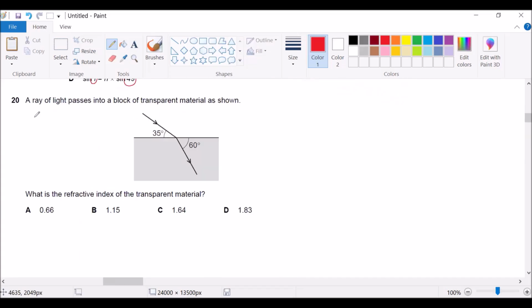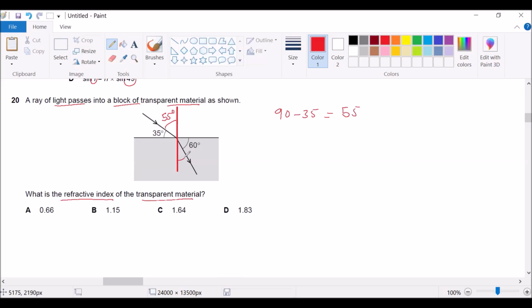Now let's look here. A ray of light passes into a block of transparent material as shown. What is the refractive index of the transparent material? Now in this question, we have to draw a normal there and then calculate the angle of incidence, which is 90 minus 35, which will give us 55 degrees.